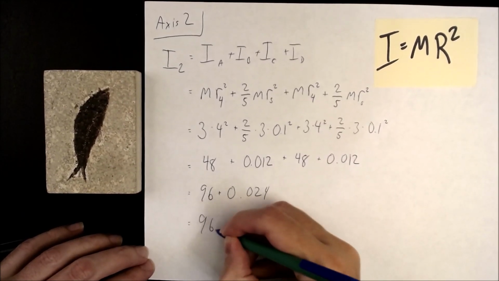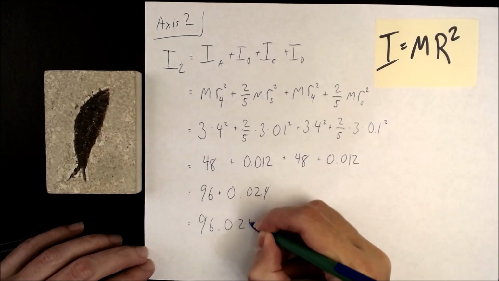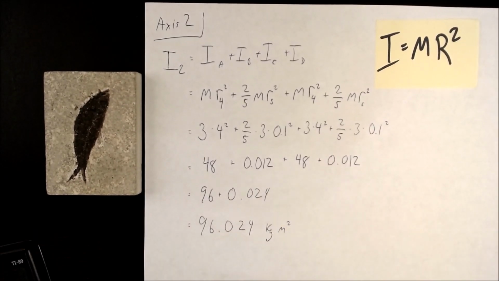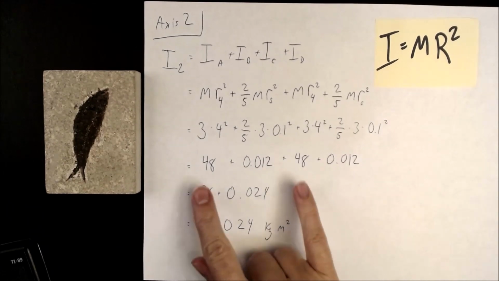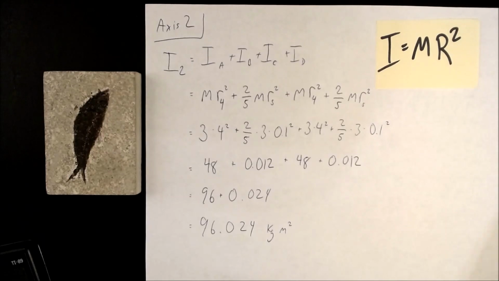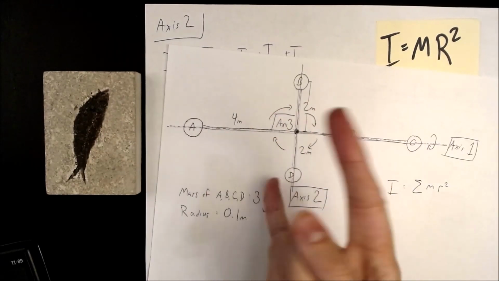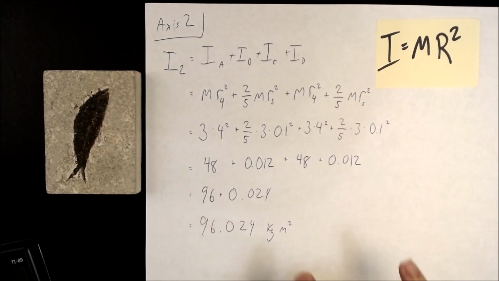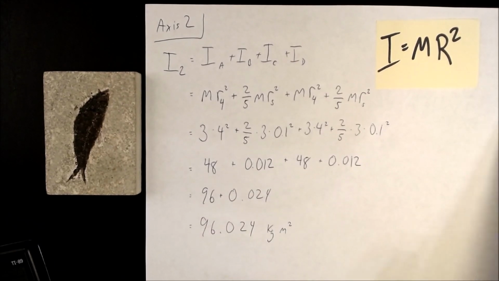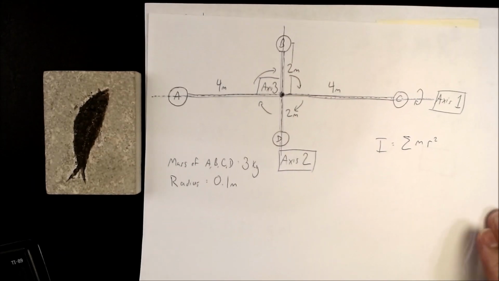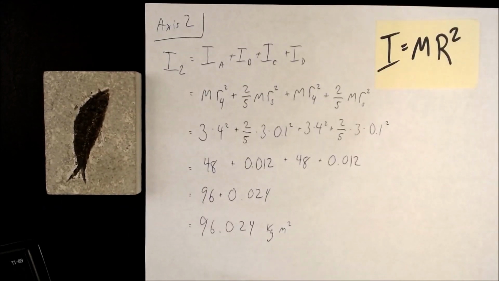You get 96.024 kilograms meters squared. Again, same thing. The contribution from A and C, the objects that are far from the center of rotation, is going to completely swamp out the contribution from B and D, the objects that are on the axis of rotation. Keep that in mind as you do problems.